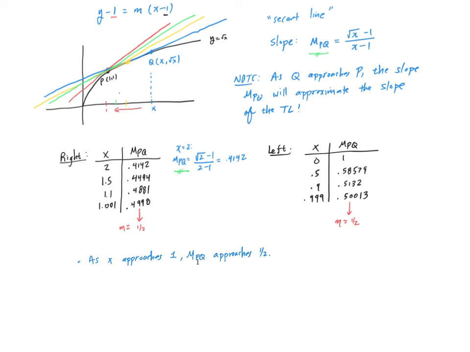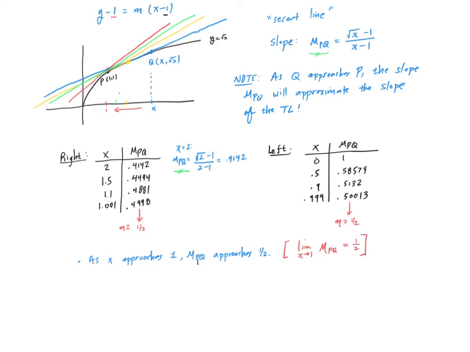And if we put this in terms of the notation that we are going to be seeing in our next section, we would say the limit as x approaches 1 of the slope of the secant lines MPQ is equal to 1/2.